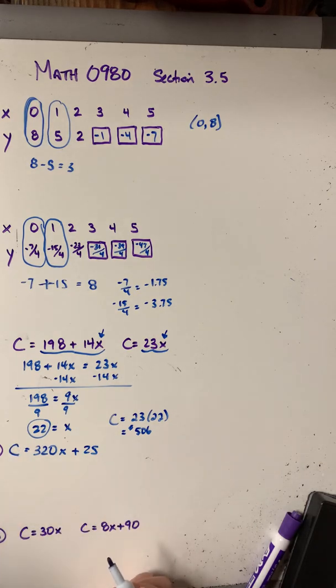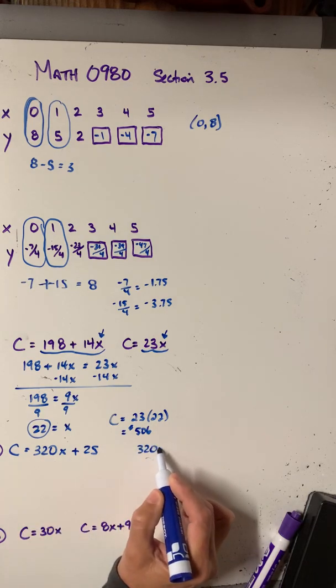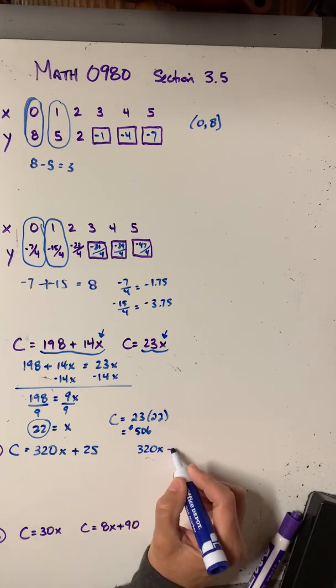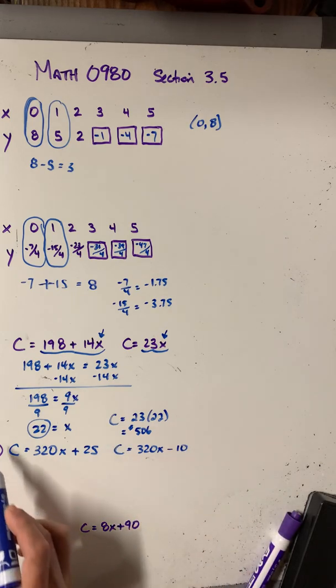Well, that's what he's selling it for. Okay, so then his neighbor sells her corn crop for $320 per metric ton, so that's also 320x, but she gives a $10 rebate, so that's minus $10 equals C. So those are the two cost functions.